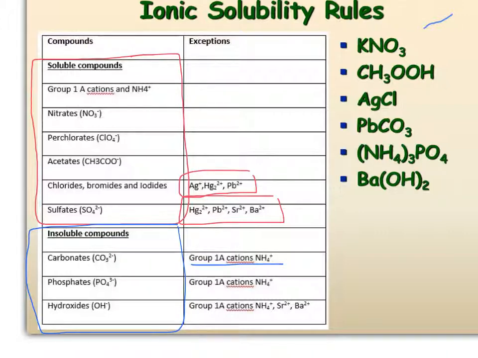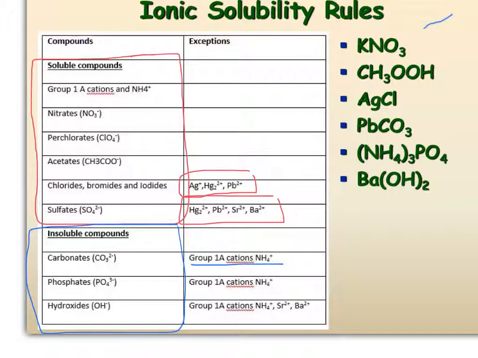Which is why in the reaction we were dealing with, when we started with sodium carbonate, which sodium is in group 1A, we were able to dissolve it. But then when it became calcium carbonate, which is in group 2, it precipitated out and became a solid.